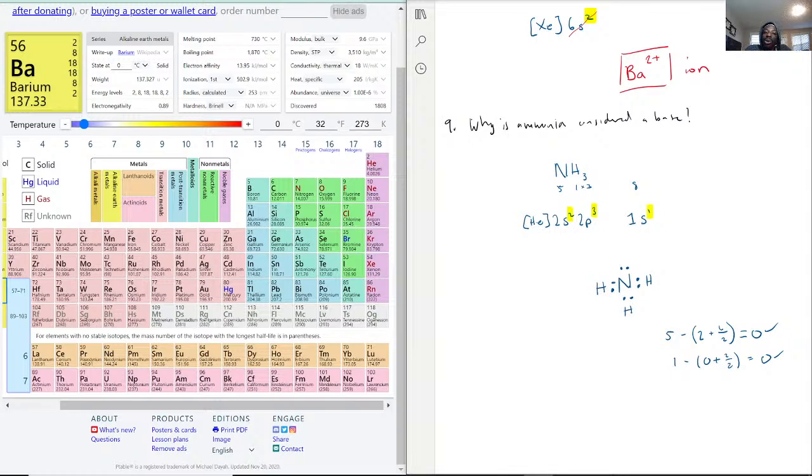So now, what do you notice right away? That NH3 has a lone pair. So the definition of a Bronsted-Lowry base is that it has a lone pair that it can use to attack and take a hydrogen. I guess not even just a hydrogen, specifically a proton.